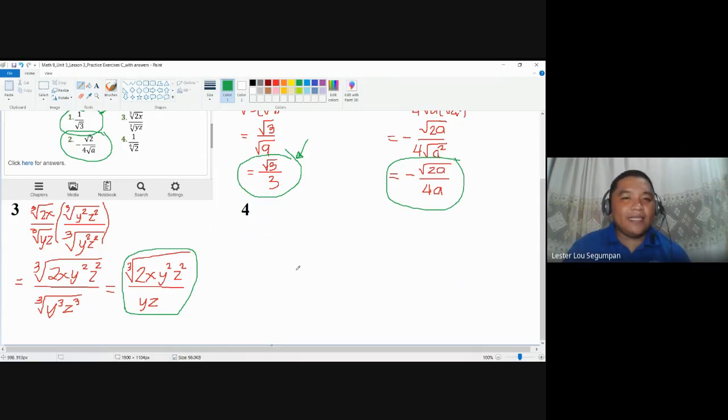Let us have our last item. The last item is concerned with 1 over the sixth root of 2. Again, the denominator has a radical expression with index 6. So we are going to look for any factor that can be multiplied to the sixth root of 2, which will create a perfect 6th power.